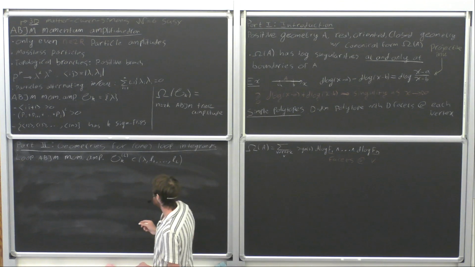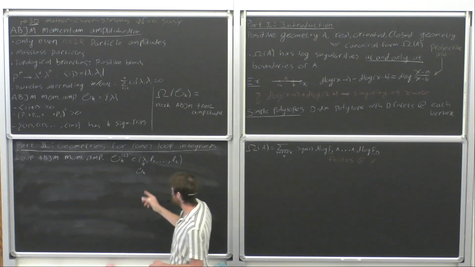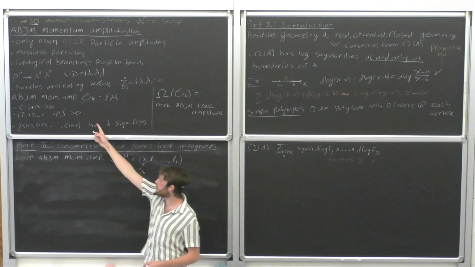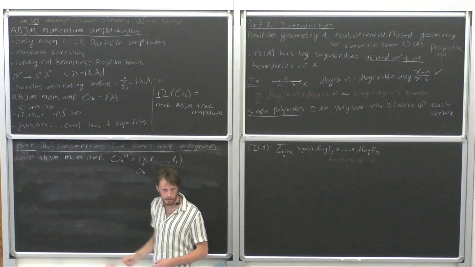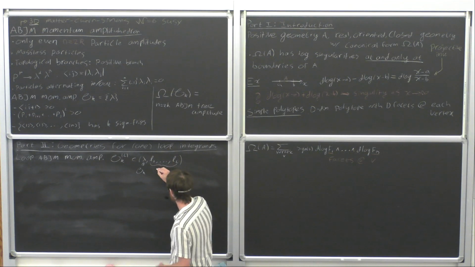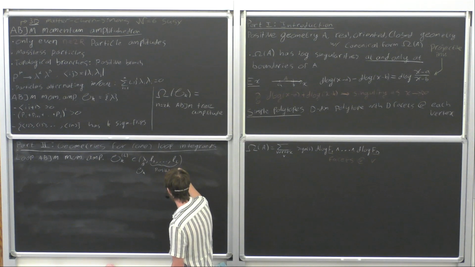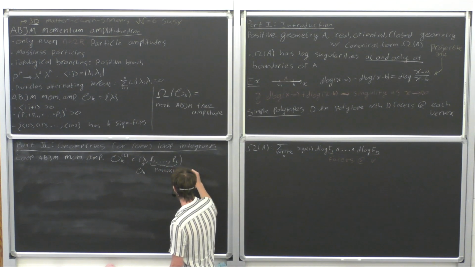Now these lambdas, the spinor-helicity variables, have to satisfy the exact same sign flips and positivity conditions that I just wrote down. Now these loop momenta also satisfy some positivity and sign flip conditions.